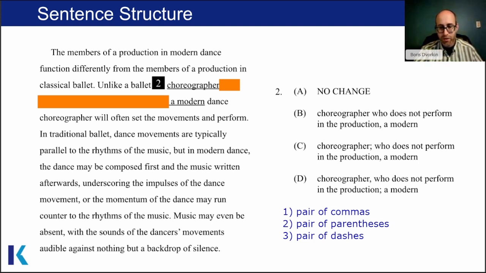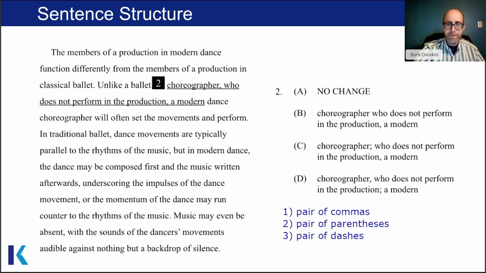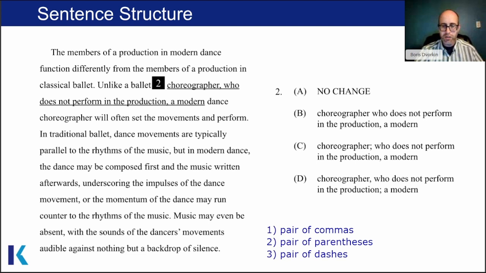It was a really tricky one. People were all over the place here. But if you just notice that much, then you're good to go. Because which choices can we eliminate for not giving us any of the 3 valid ways of inserting non-essential information into the sentence?